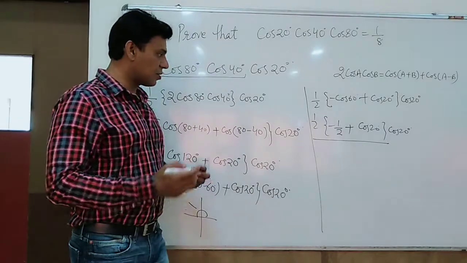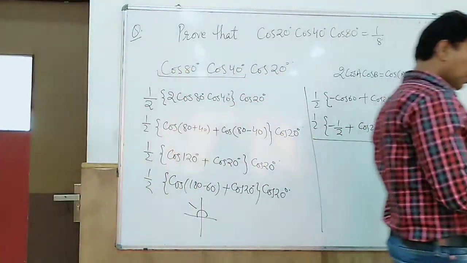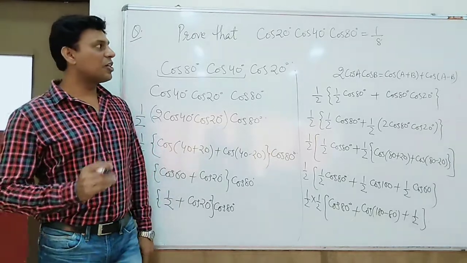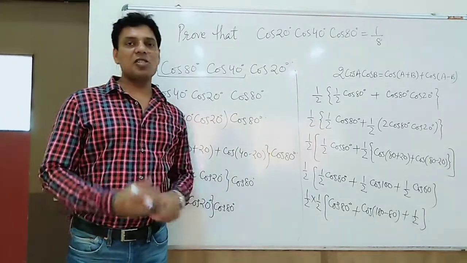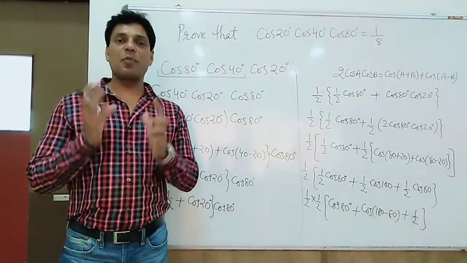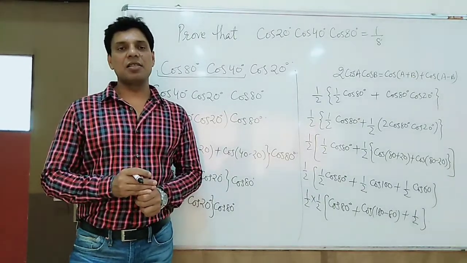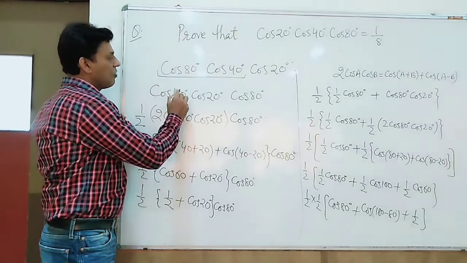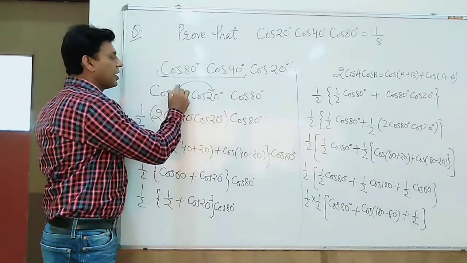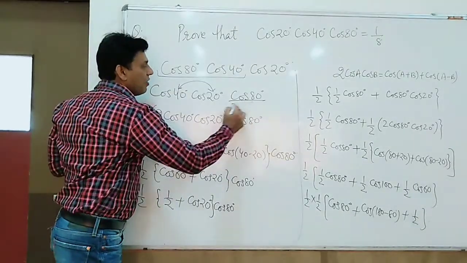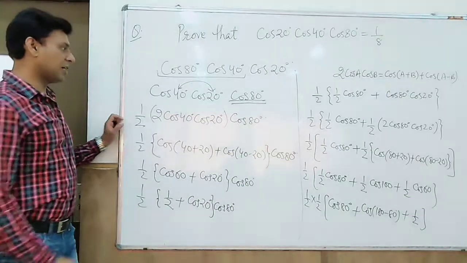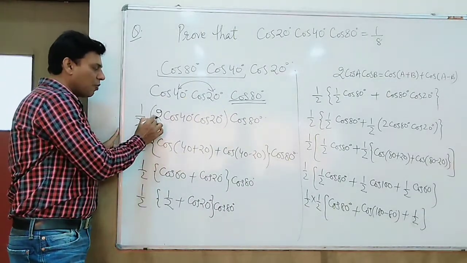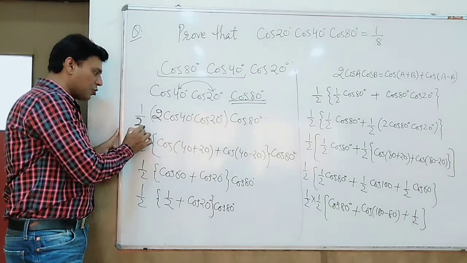I have to erase this, so keep watching. It is very important to note, while solving such questions, you have to make a proper combination of the angles. So here we should make a combination of 40 degree and 20 degree, and 80 degree we can leave outside. So cos 40 and cos 20, we multiply with 2 to make the formula and divide by 2.